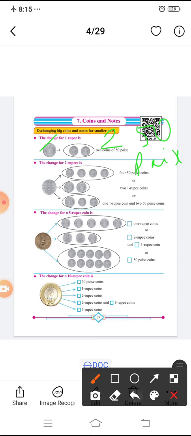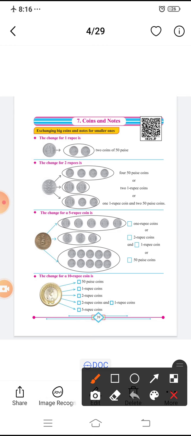Now see the next one, 2 rupees. For the exchange of 2 rupees there are 3 methods. What are those 3 methods? Now see, the first one is exchanging with 50 paise coins.